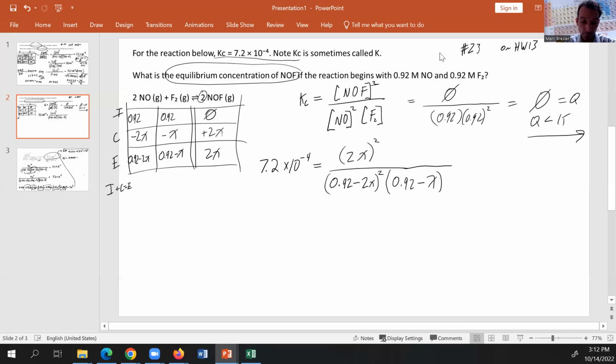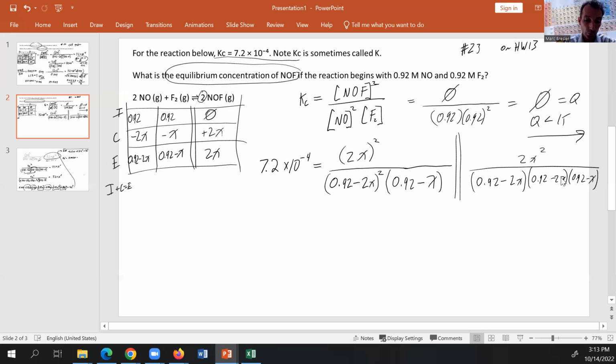So looking at this, you'd have to FOIL this out, and there's 3 terms here with 2 terms each in them. So that's kind of crazy to try to do the algebra on that.